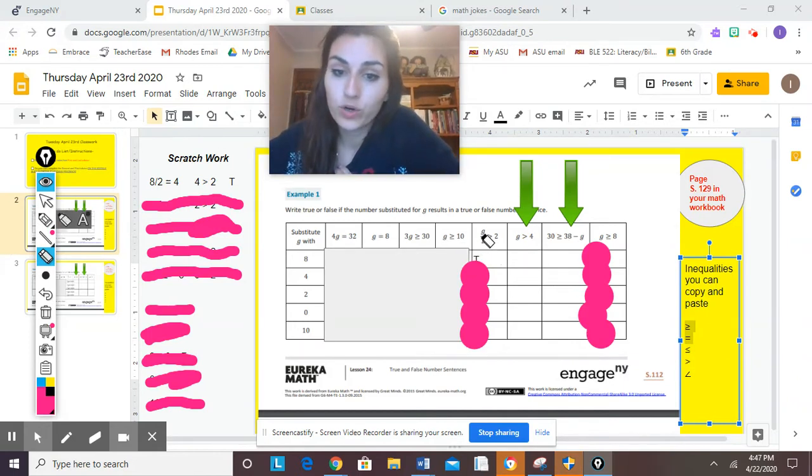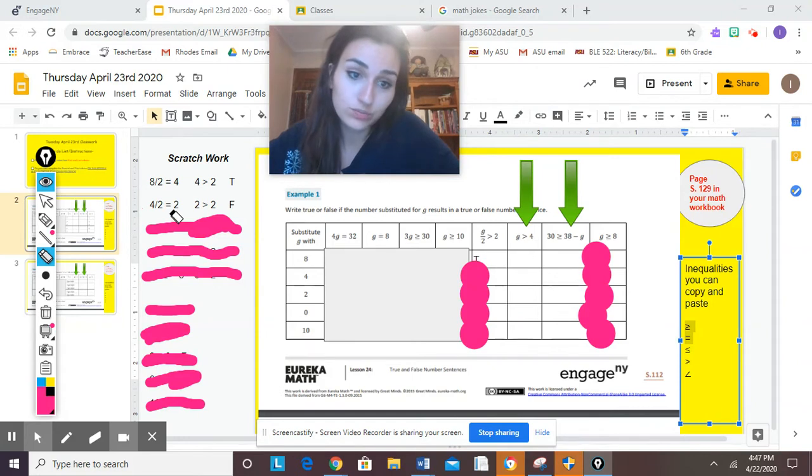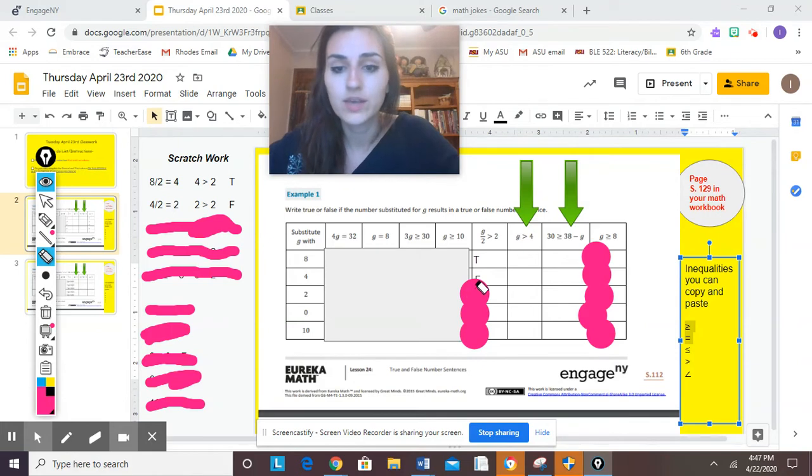Now for G, we are plugging in 4. If I do 4 divided by 2, I get 2. Plug that back into my inequality statement. Is 2 greater than 2? No, it is not. So that would be false. It's a capital F. All right, moving forward.